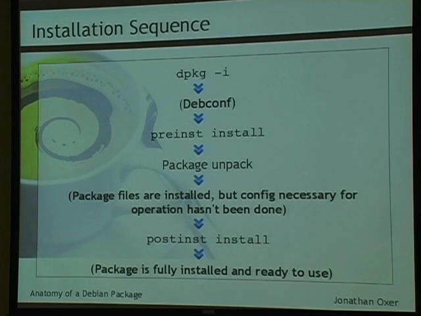It then runs the pre-inst script, and we'll look at some of that in a moment when we actually look inside a source package. The actual package is unpacked, so that data.tar.gz is extracted onto disk and everything's put in the right place. At that point, it hasn't been configured, but all of the data is sitting there live on disk. So it then runs the post-inst script, and at that point, everything is there ready to go. So the package is fully installed.